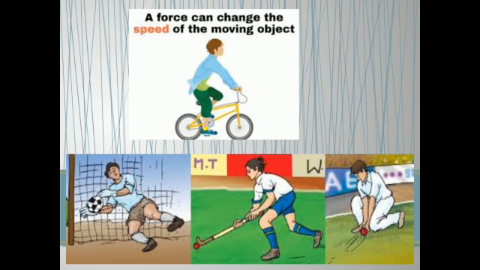If he is not able to stop the ball properly, it may only slow down and not come to a position of rest. So with the help of force, many things can change the speed of a moving object.